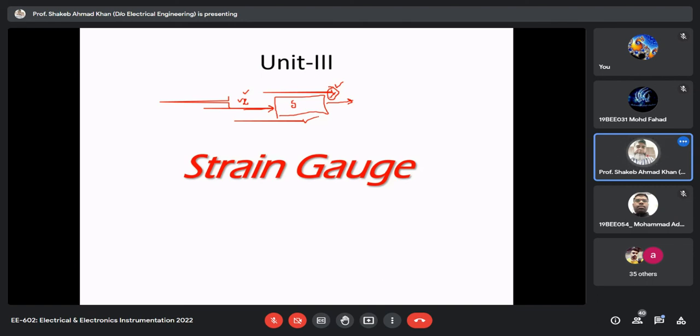So this is what I tried to explain at the starting: what a sensor is and what its utility is. One very important class of sensor converts the non-electrical parameter into an electrical parameter, and it is basically used because it provides high accuracy at lower cost.